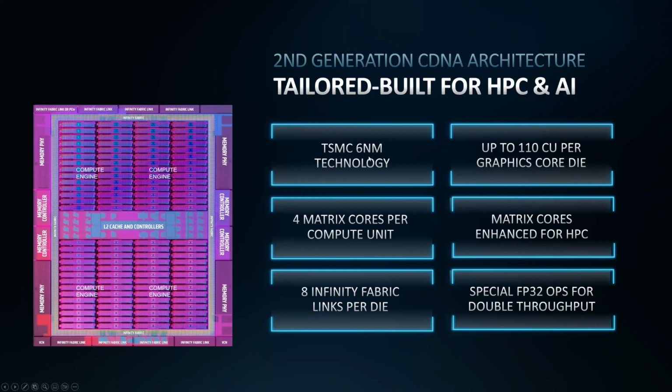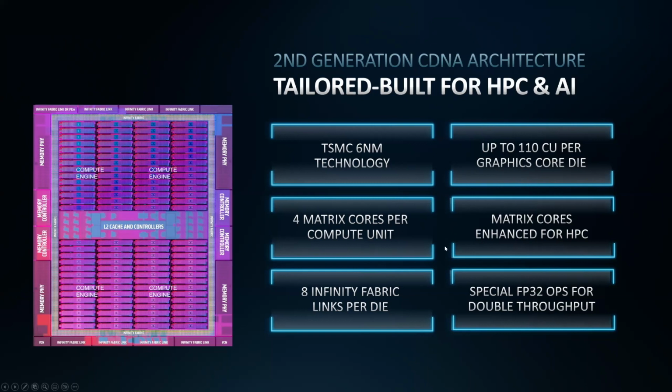As I said, TSMC 6 nanometer technology, up to 120 CUs, which is what you have on the top of the line MI250X. And I said, you have these new matrix cores that improve the HPC and machine learning workloads.